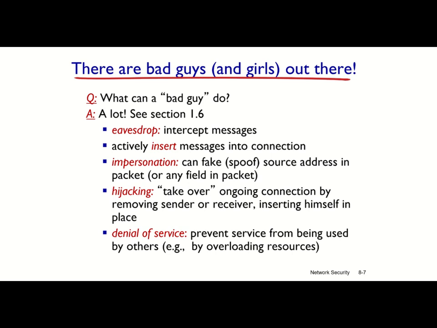Another way of active attack is hijacking the connection by taking over an ongoing connection, and the way they do it is they remove either the sender or receiver and insert themselves in place.